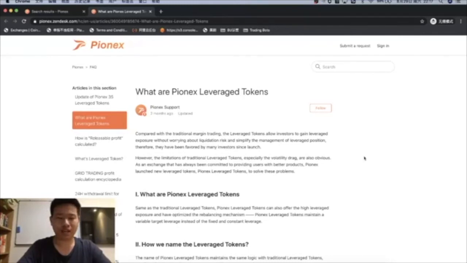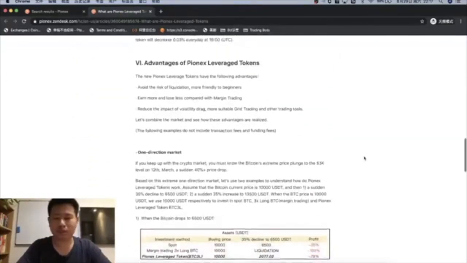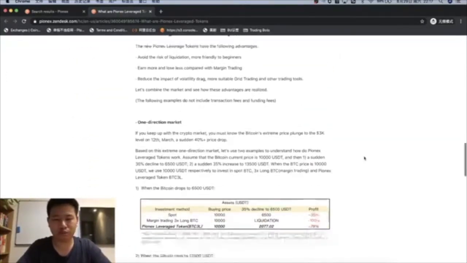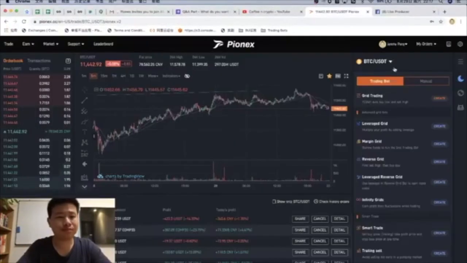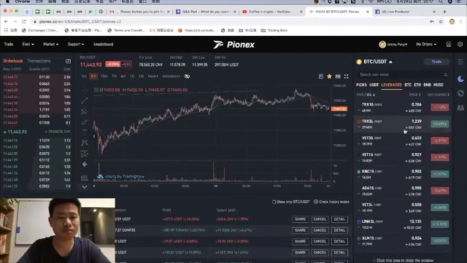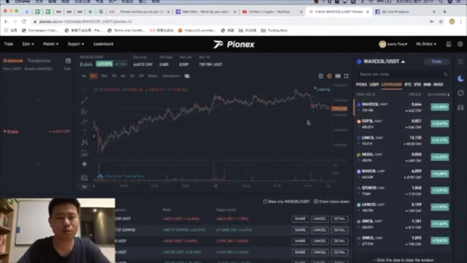So that's the way to reduce the rebalancing time. Yes, that's what we are always improving, and we can check some real leverage tokens. This one, Waves, has increased 23% today.